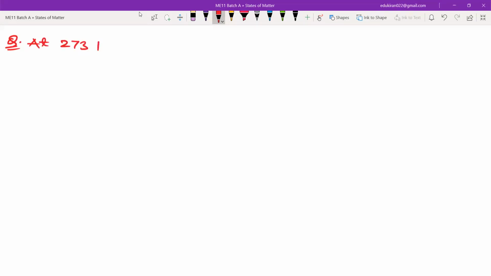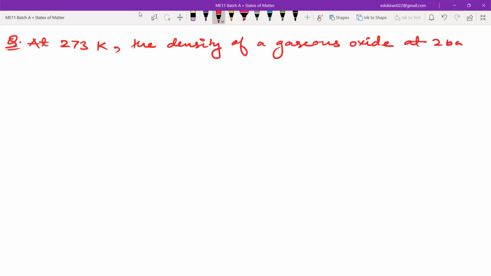At 273 Kelvin, the density of a gaseous oxide at 2 bar is same as that of nitrogen at 5 bar.